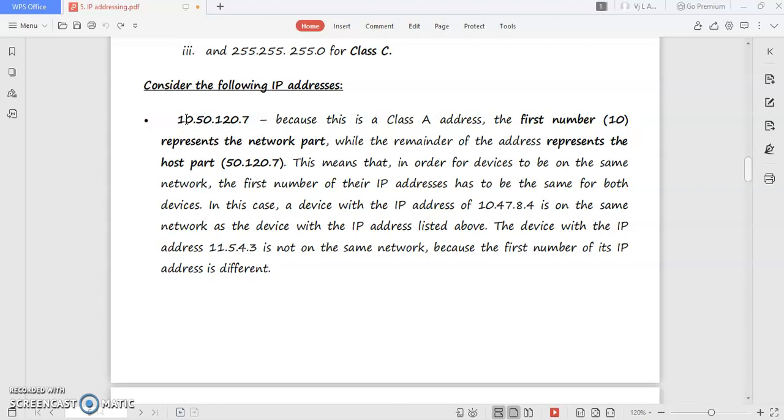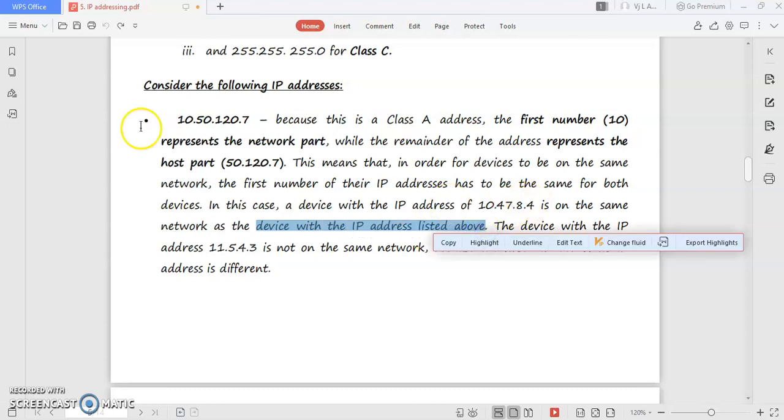This means that for devices to be on the same network, the first number of their IP address has to be the same for both devices. So, in this case, a device with IP address 10.47.8.4 is on the same network as the devices with the IP address listed above.